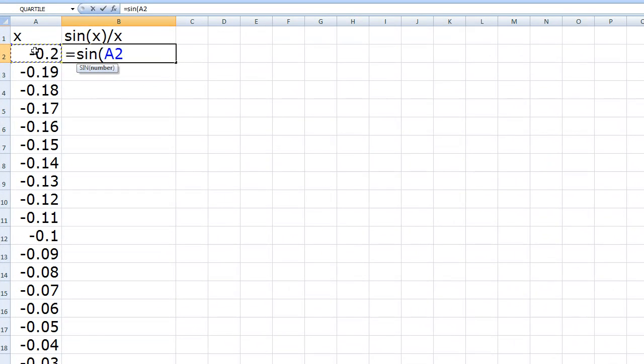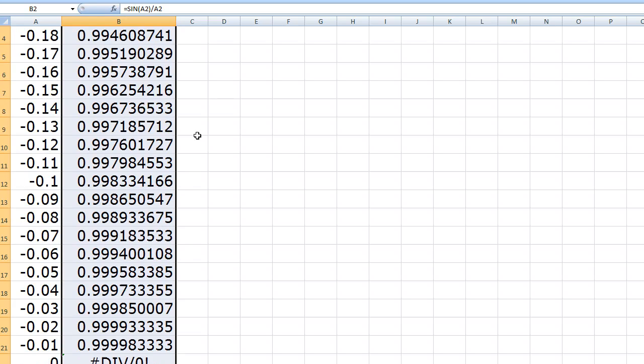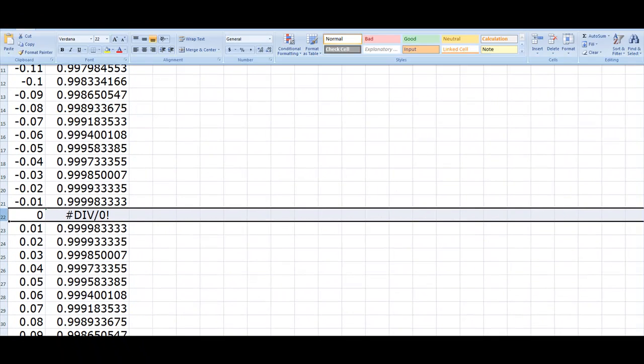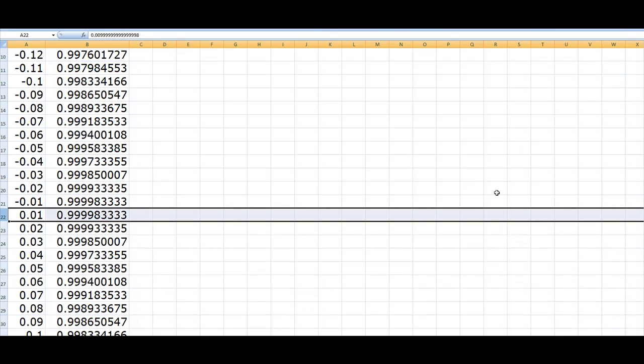So here we have sine of x divided by x. First of all, we did not remove 0 from here, and the spreadsheet is gentle in just telling us that division by 0 is not allowed. We should have deleted it before, but let's delete it now.